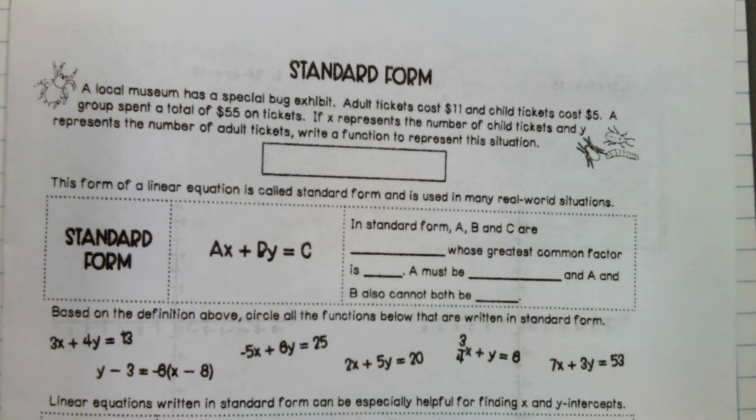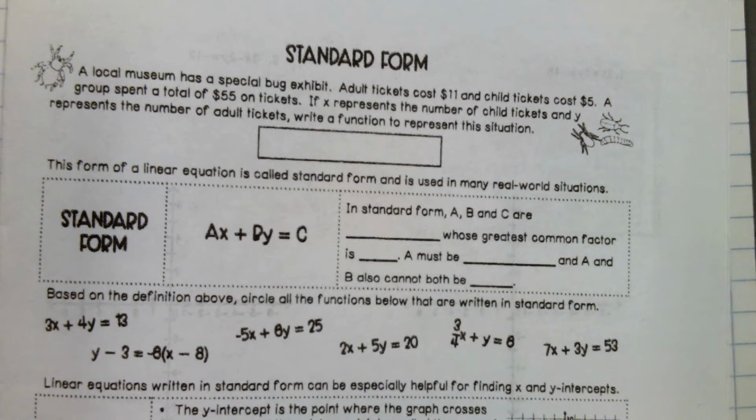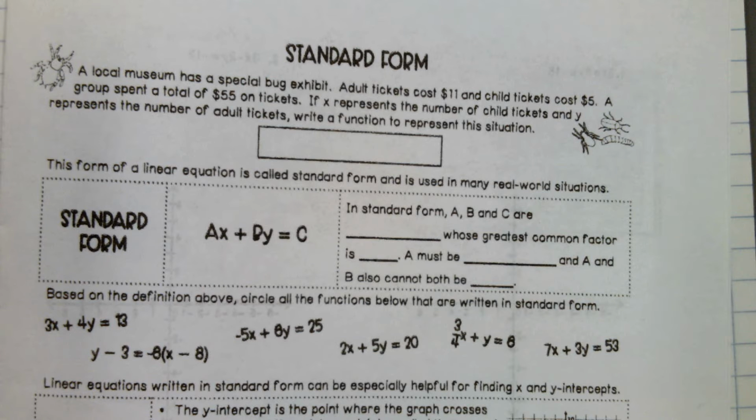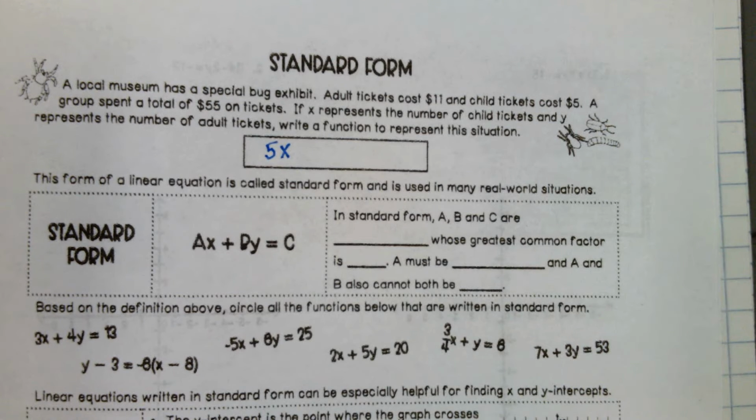First of all, it tells us that X represents the number of child tickets. How much do the child tickets cost? $5. So to get the total for all the child tickets, it's $5 times X, the number of tickets they bought for children.